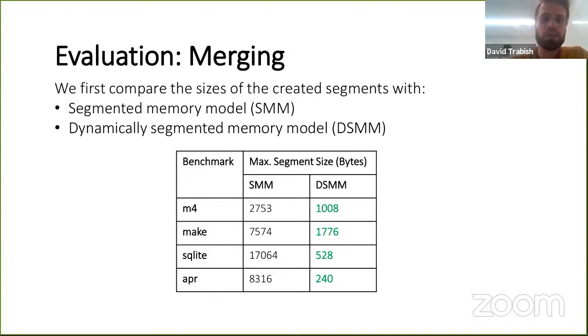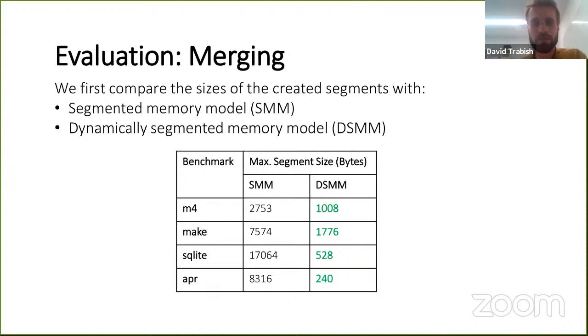In this table, you can see the maximum sizes of the computed segments with each of the approaches. With our approach DSMM, we were able to significantly reduce the size of the segments. And this has a direct impact on the sizes of the SMT arrays and also on the performance of the solver.